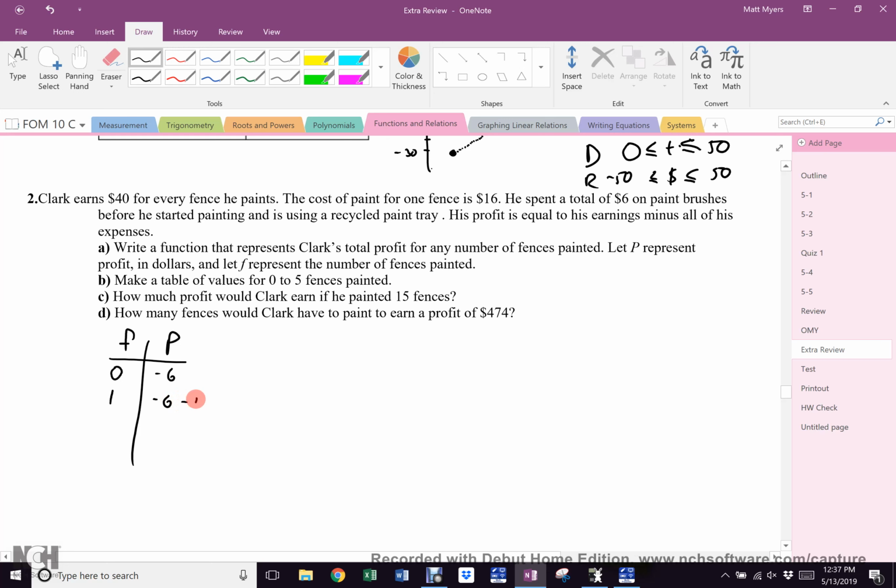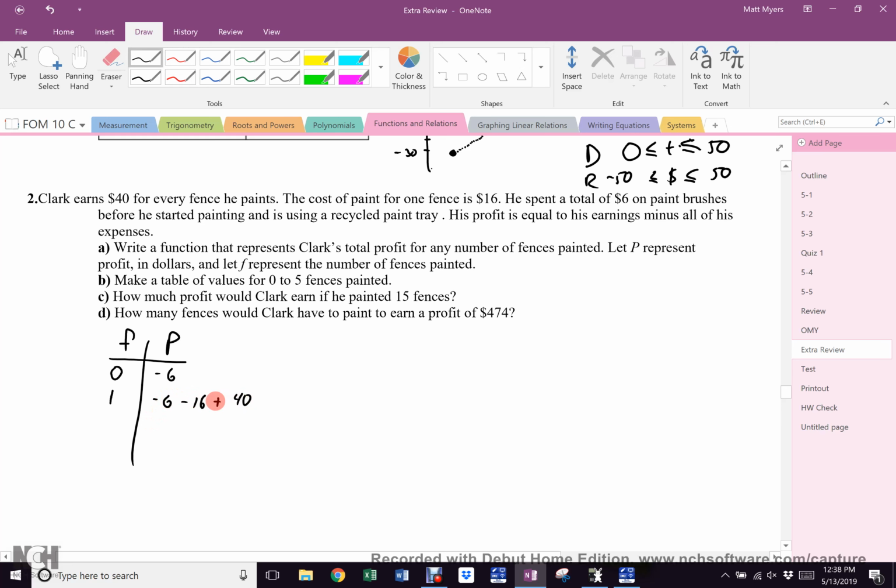He's spent $16 on paint, right? Plus, how much money does he make? Read the question. 40, right? Which means each fence is worth the negative $6.